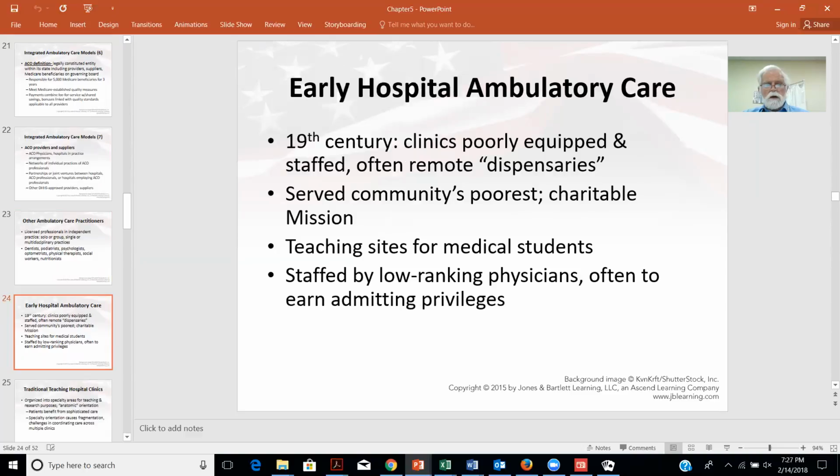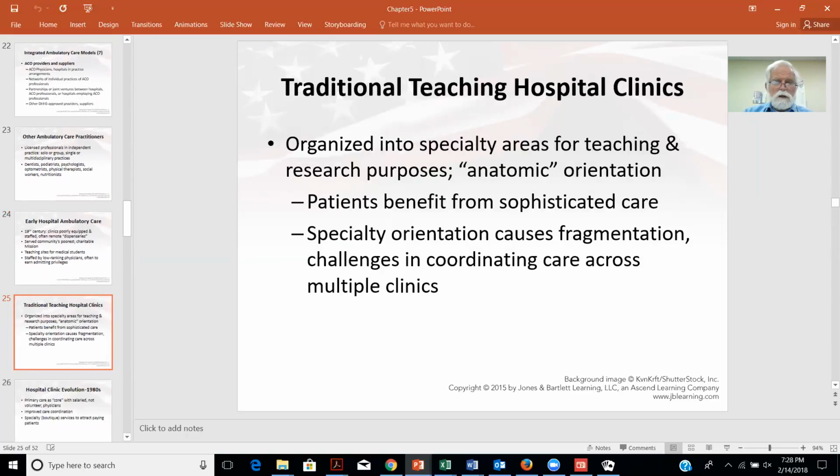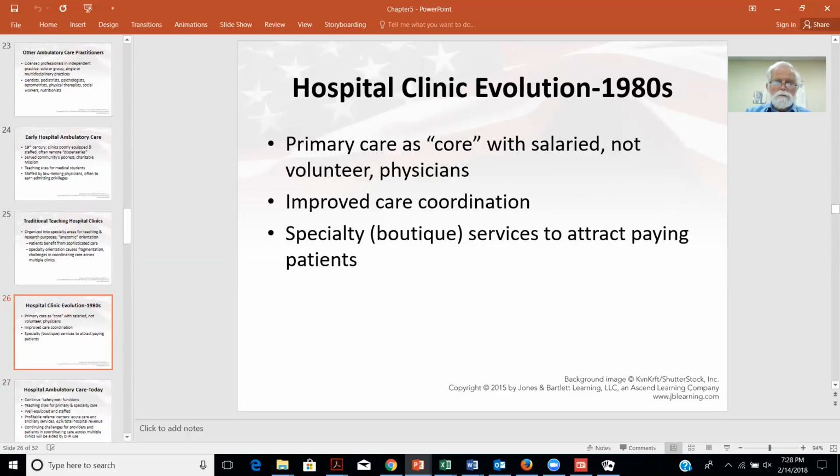Hospital ambulatory care was often not very good. In the 19th century, it was trying to figure out what it was, and you didn't necessarily get good physicians. Teaching hospitals and clinics were established.